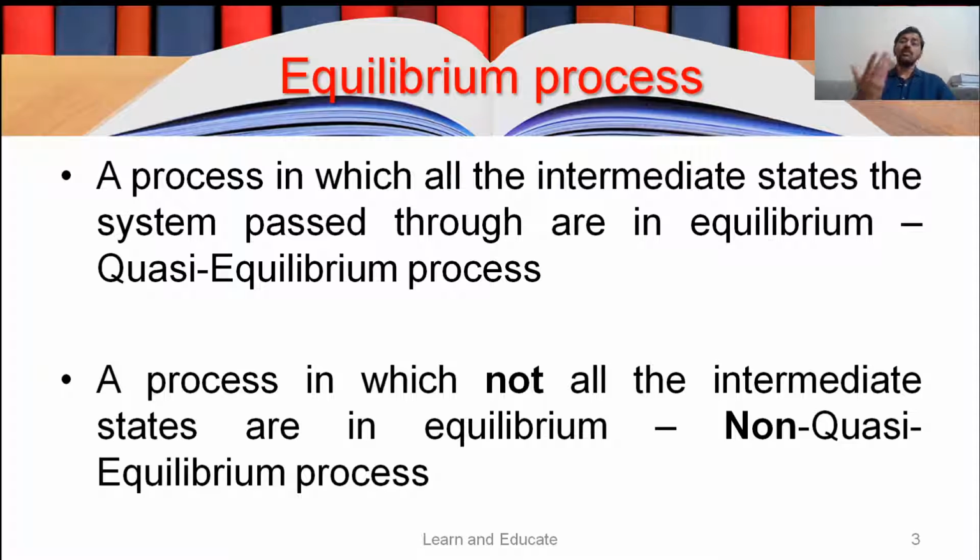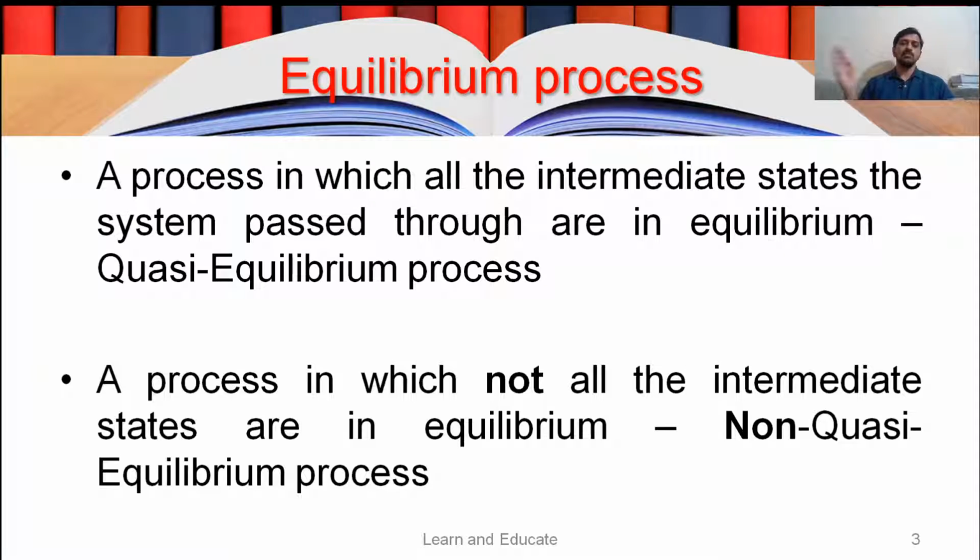So how can we achieve a quasi-equilibrium process? The process should take place pretty slowly. In an infinitesimally slow manner, the system should proceed from one state to another.